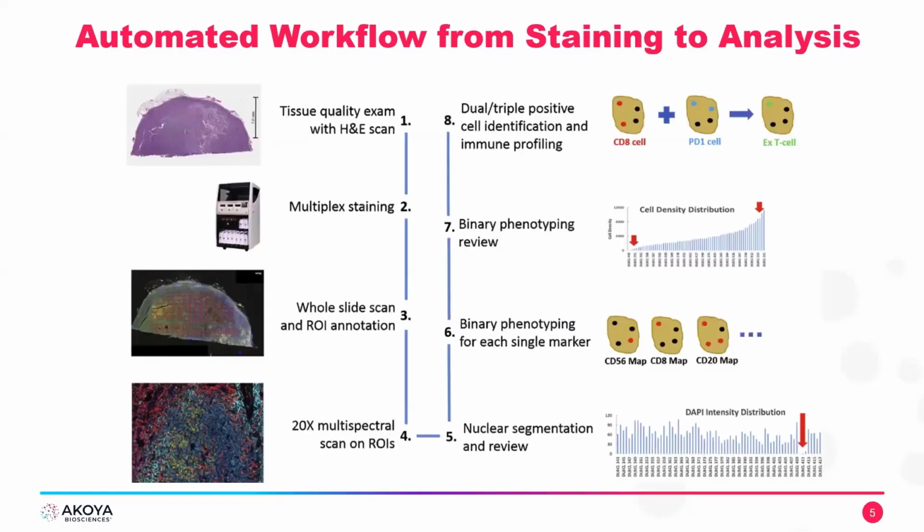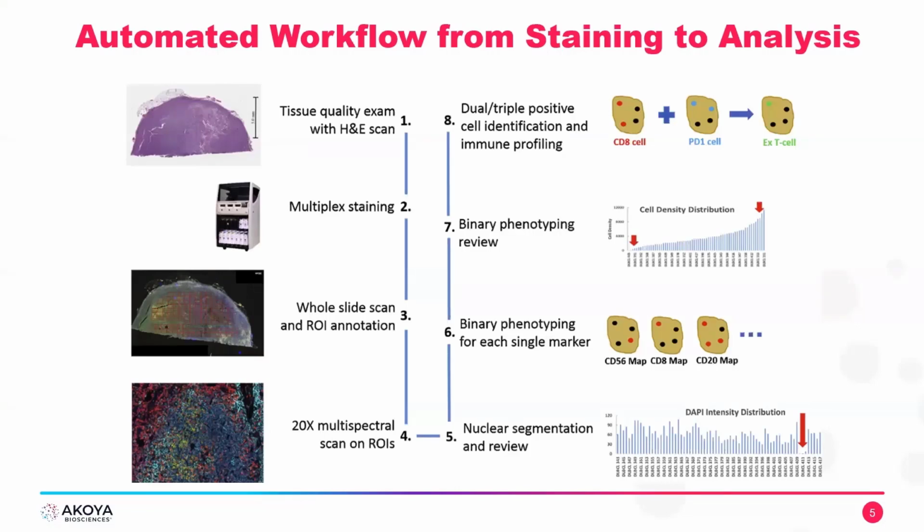So the OPAL technology was used on the multiplex stainer platform BondRx from Leica, and after that it was scanned with a Vectra platform. All the pre-scans were then annotated and multispectrally imaged again with the Vectra platform.